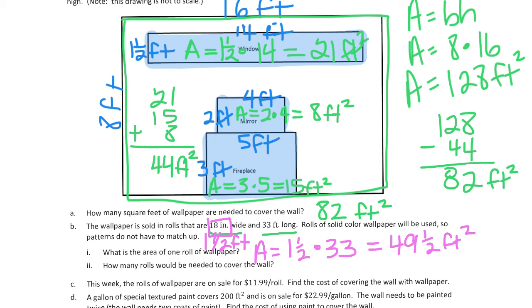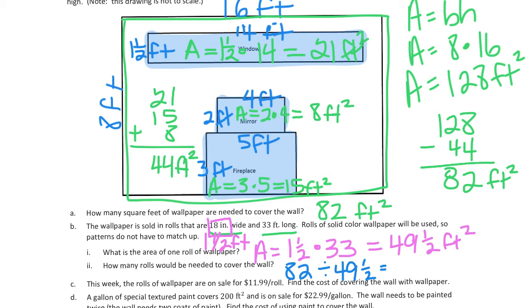So on my calculator, I take 82 and I divide it by 49.5. So let me grab my calculator, 82 divided by 49.5.